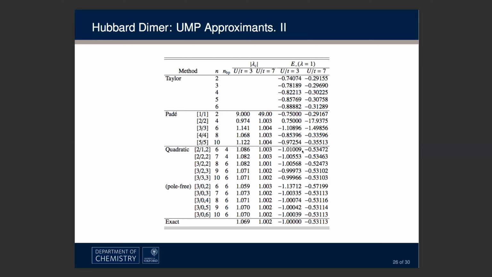The quadratic approximant with poles does a remarkably good job at getting down to within 0.1 milliHartree of our exact energy. And then our pole-free approximants basically get there exactly. So we've taken the first 10 terms in our Taylor series, which were converging incredibly slowly, and we've basically got the exact energy out of the MP expansion.